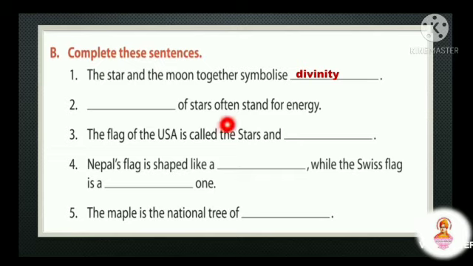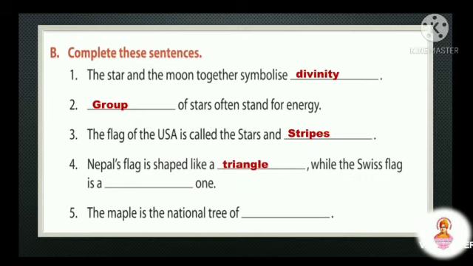Dash of stars often stand for energy. Yes, we have seen that the group of stars in the USA flag stands for energy. Now see, the flag of USA is called the Stars and Stripes.